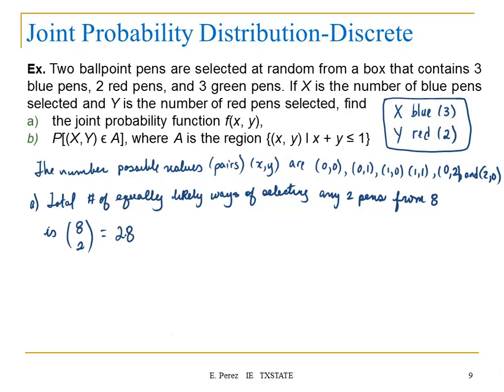Okay, so that's the total number of combinations that you can create with the number of options that you have.